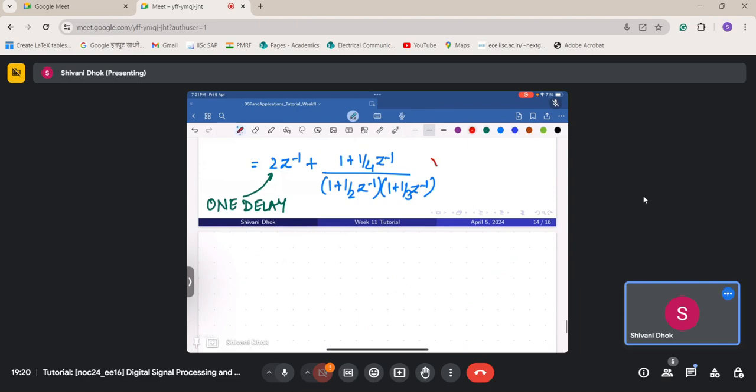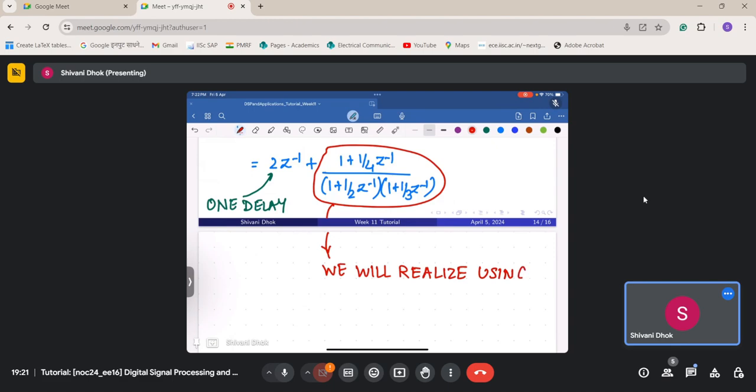And this term we will realize using lattice.